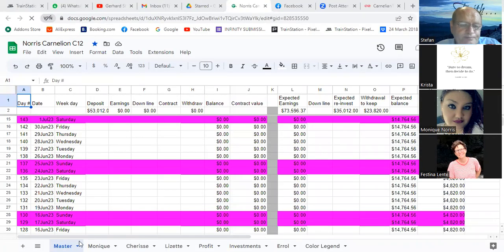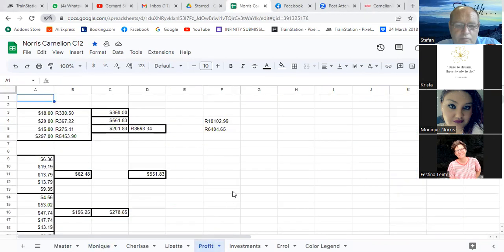Right, where do you want to go? To the bottom. It's the profits on the profit page. Okay. So there, on the left-hand side, I took all the calculations of the payouts that we received back. I calculated all of them and got a total of $551 paid out to date.